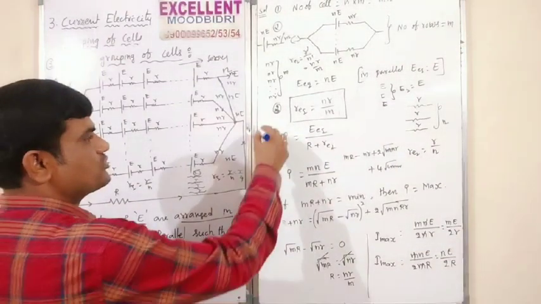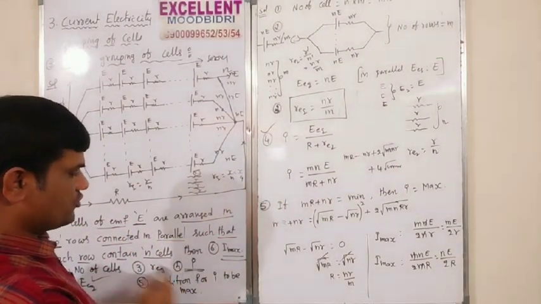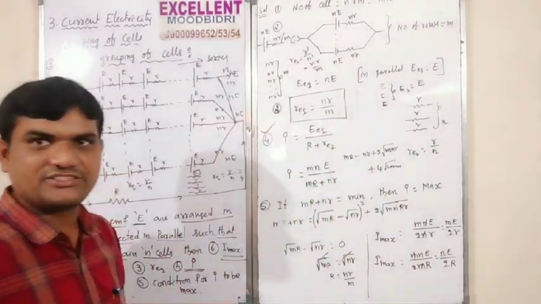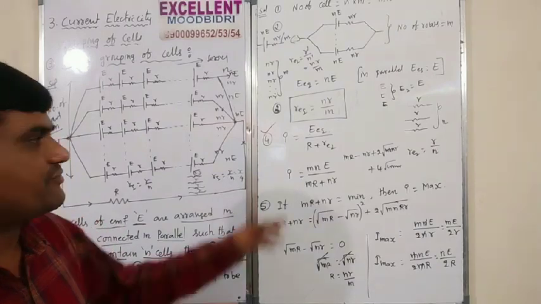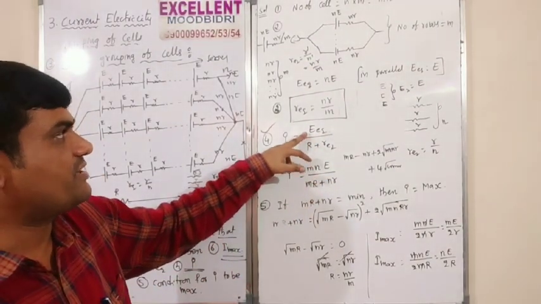Next, fourth question. What is I equal to? The I formula is E equivalent by R plus R equivalent. You know the formula, right? E equivalent is equal to how much?